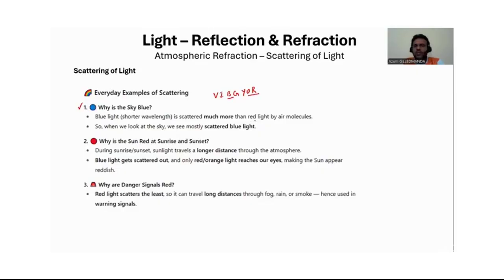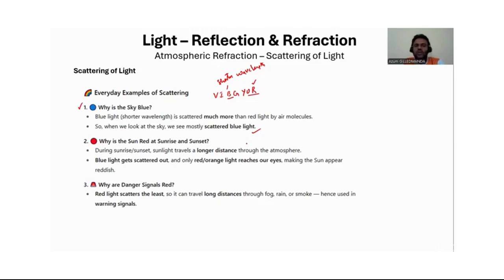It is scattered much more than red light by air molecules. So when we look at the sky, we see mostly scattered blue light.